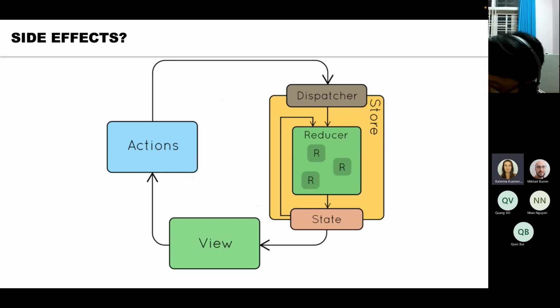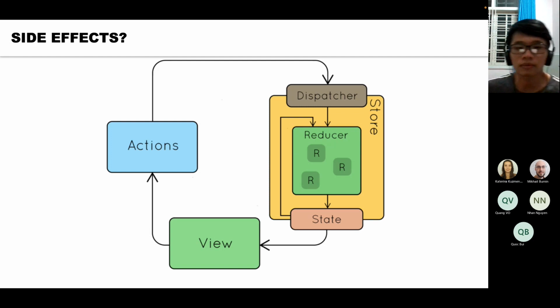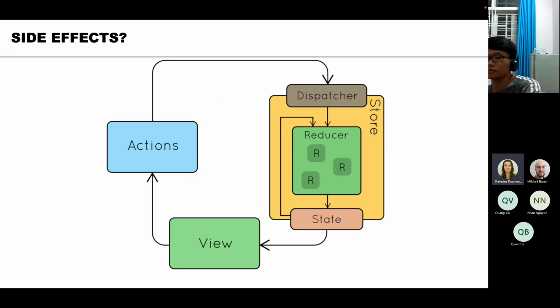So here, basically, in a Redux application, we have three common approaches to side effects. So what is a side effect? The natural Redux flow is this: some action is dispatched, and as a consequence, some state is changed.